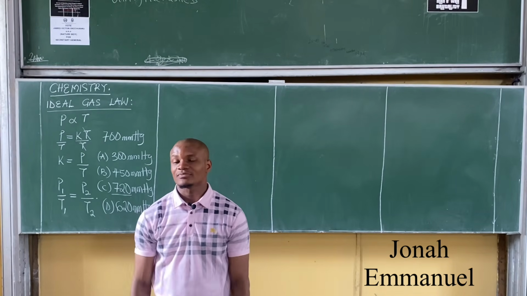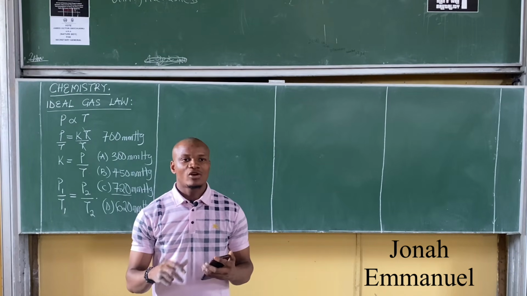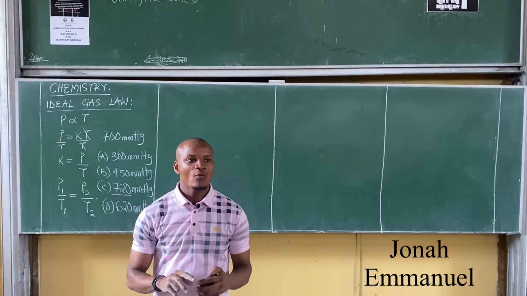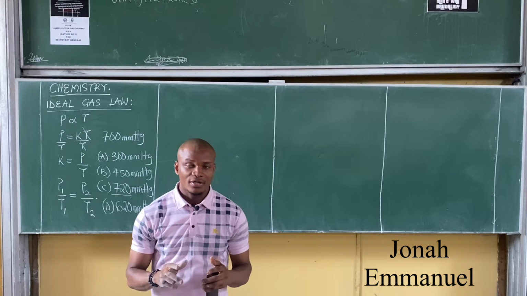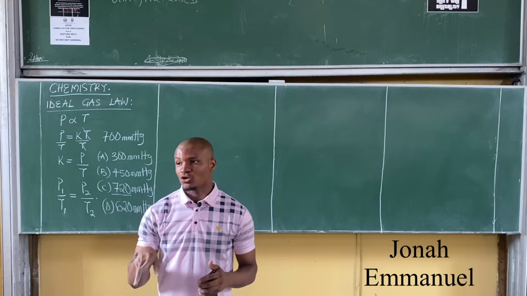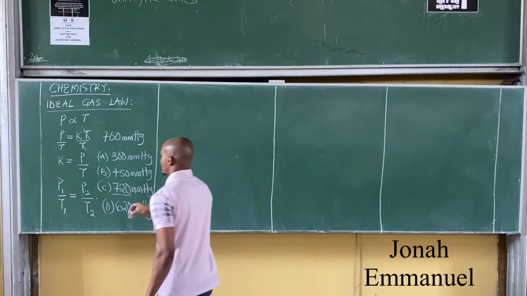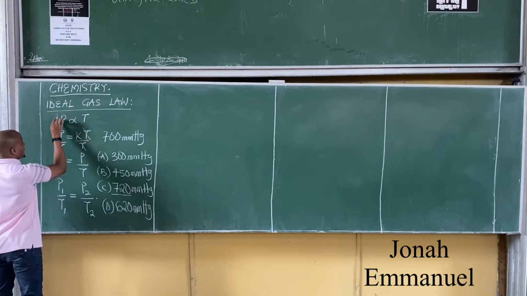Listen up. I said this in the last class: when it comes to variation, always note the type of variation. If two things vary directly, as one is increasing, the other also increases. That's a case of direct variation.